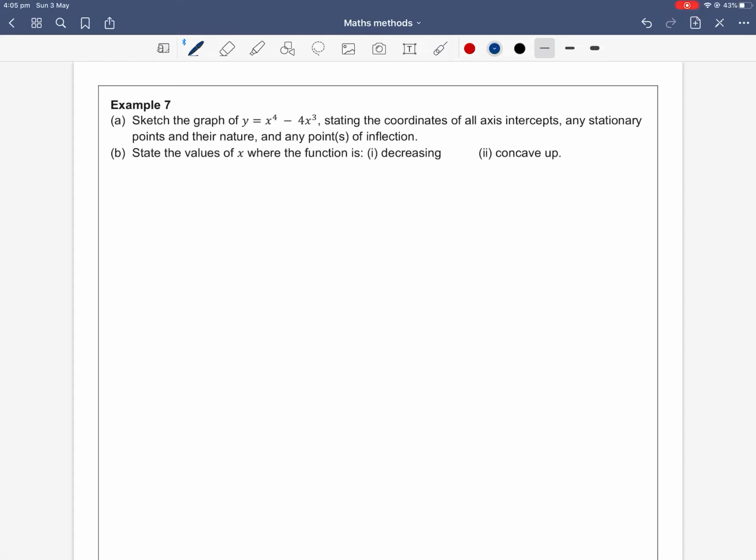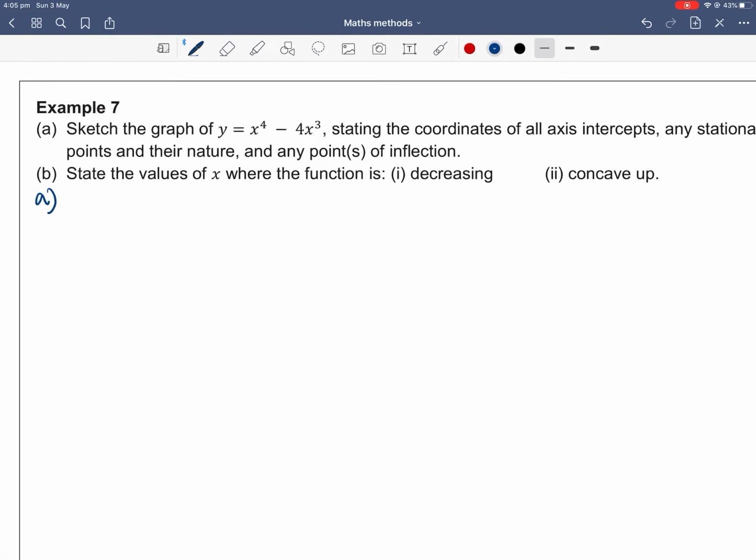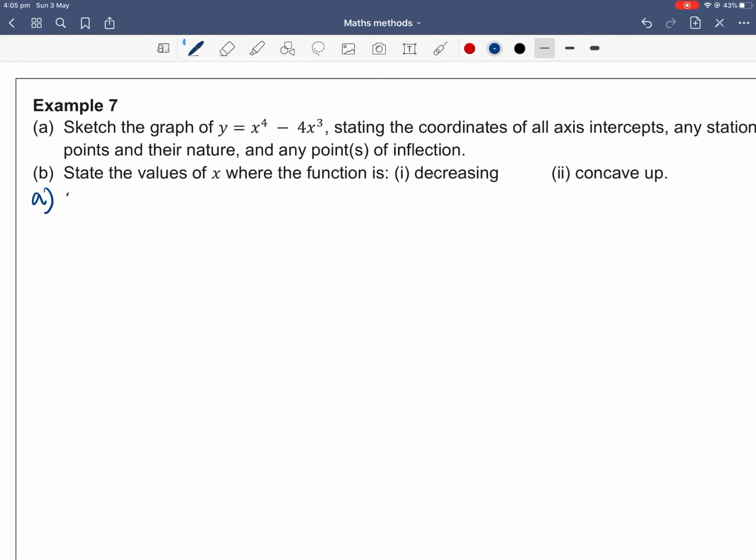So we've got our original function y equals x to the 4 minus 4x cubed. So it's just our basic polynomial, a quartic polynomial. To sketch, to look for stationary points, we need y dash, the first derivative or the gradient. So let's differentiate that.